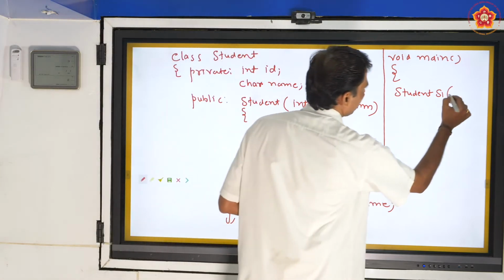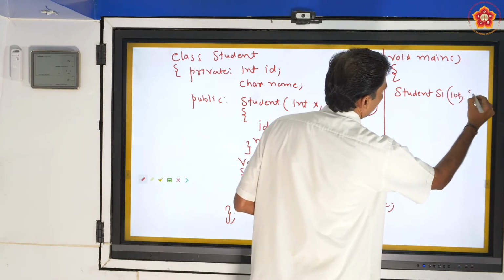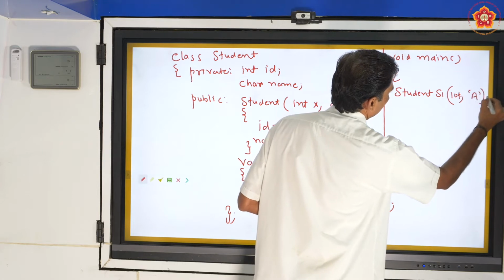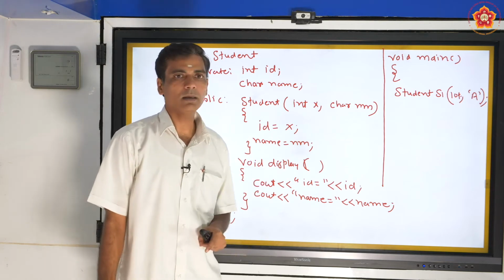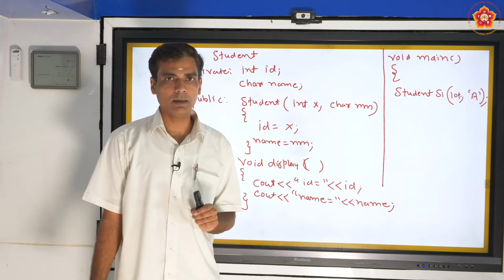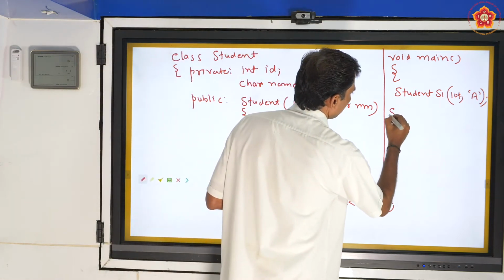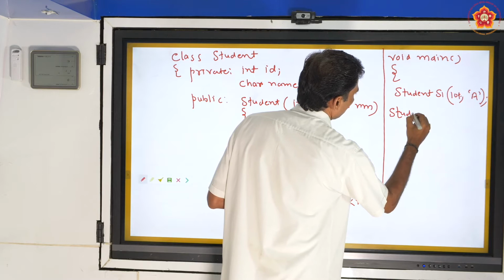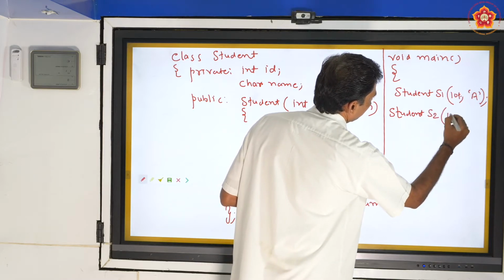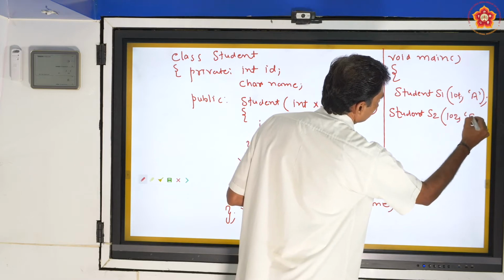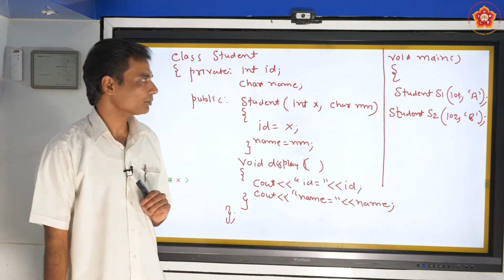The first parameter value I will pass is 101, and the second parameter value is a character, a. That means for student s1 the id will be 101 and the name will be a. In the same way I am creating another object of the class, student s2, and here I am passing different values, id 102 and name b.